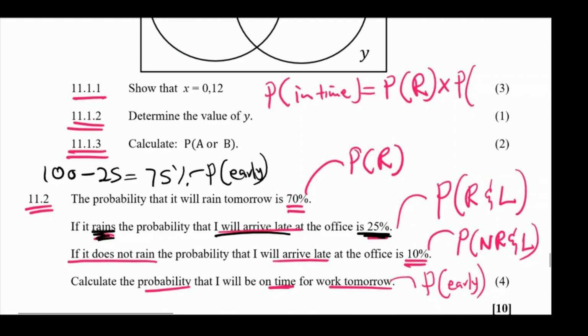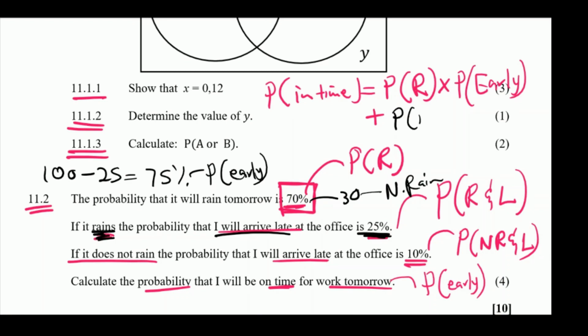So let me just write 75. So hence the probability that you'll be early, it's just going to be the product, and then you're going to say plus the probability that it will not rain. The probability that it will rain is 70%. The probability that it will not rain is going to be 30%, so you just subtract 100 minus 70%.